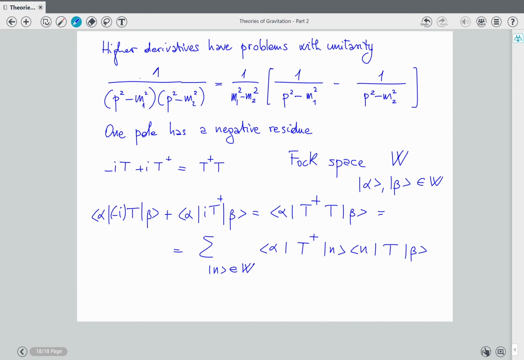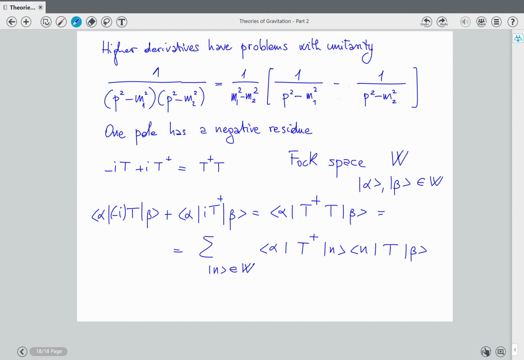Now, let's see one problem with unitarity. If you want to study whether a higher derivative theory is unitary or not, a higher derivative theory will have this kind of propagators. And that means that you have these minus signs.